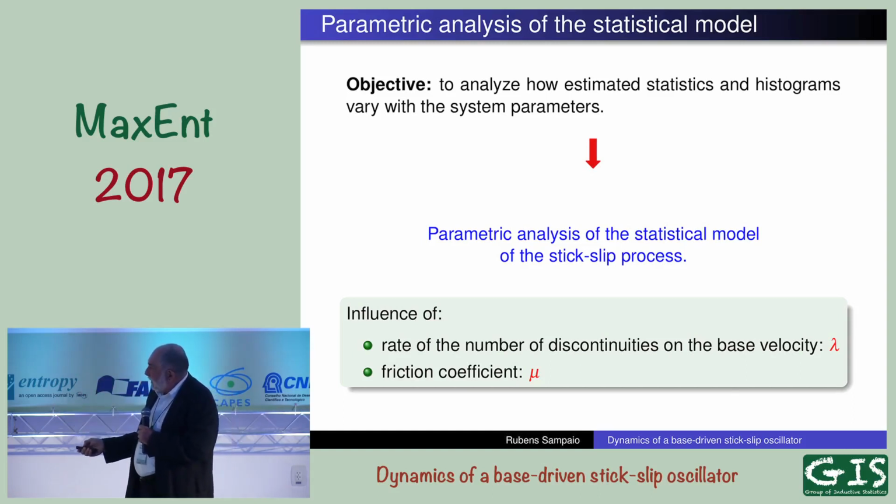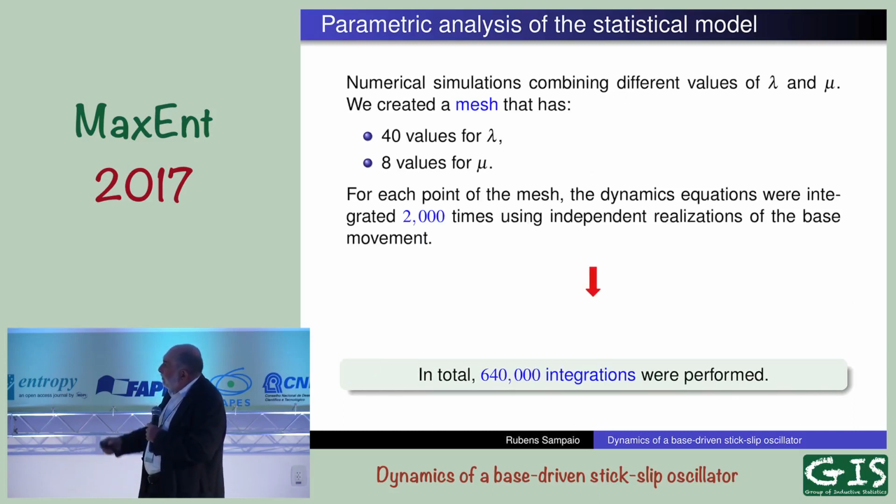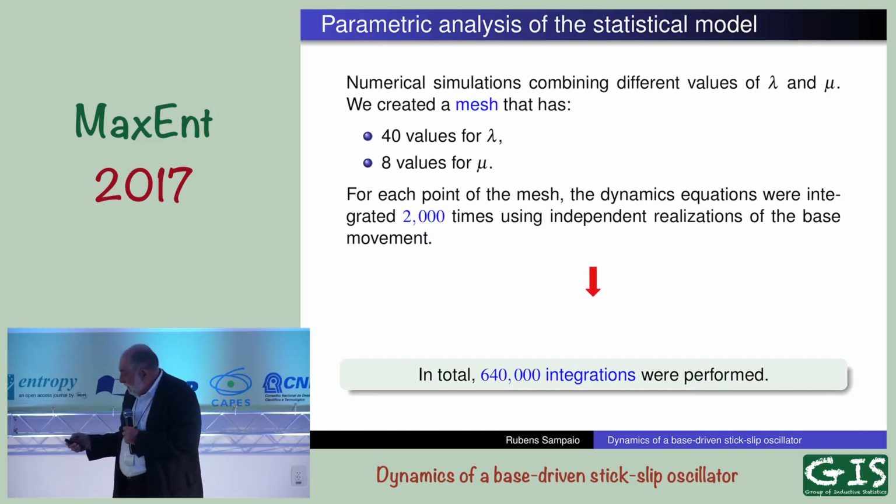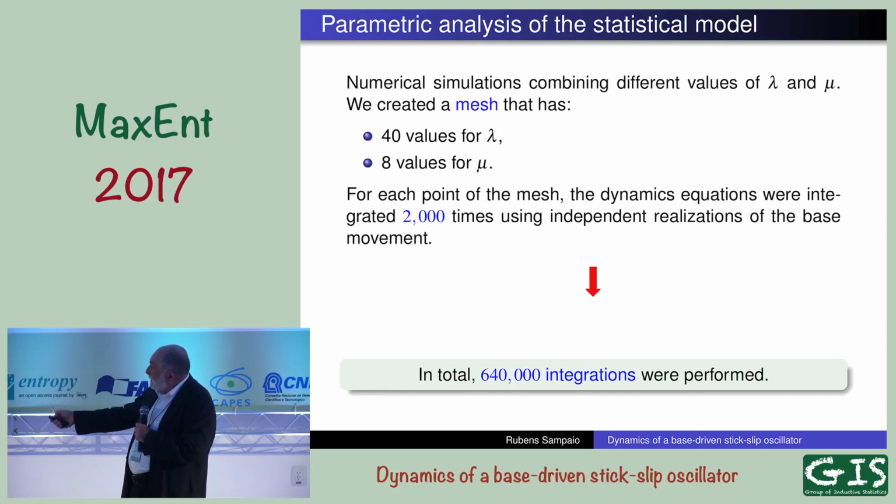I'm going to show you the influence of lambda, the rate of change of the belt, and the friction coefficient. So in order to show you the parametric study, what we did is this.